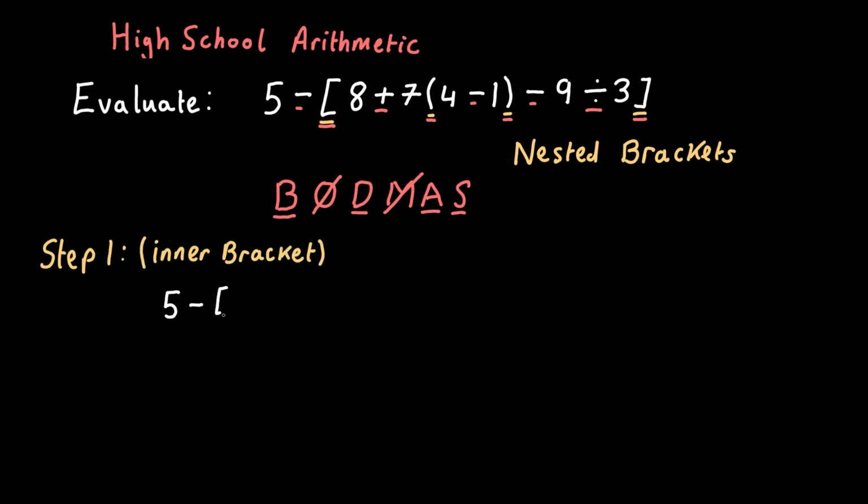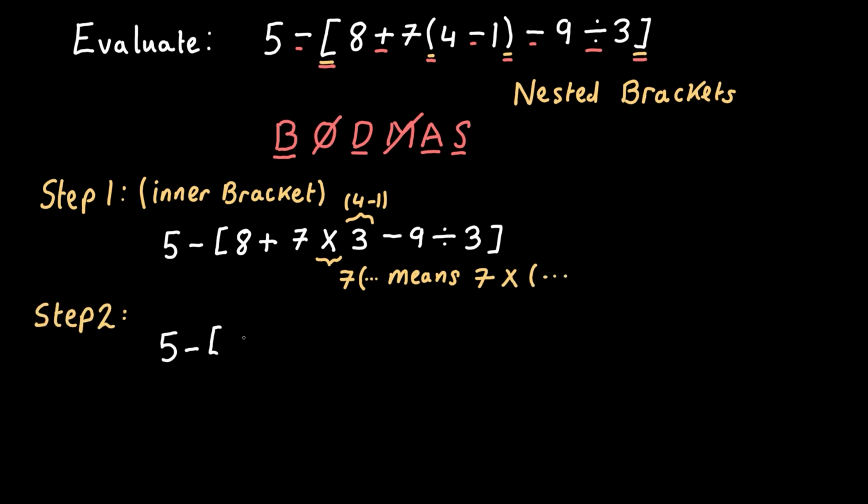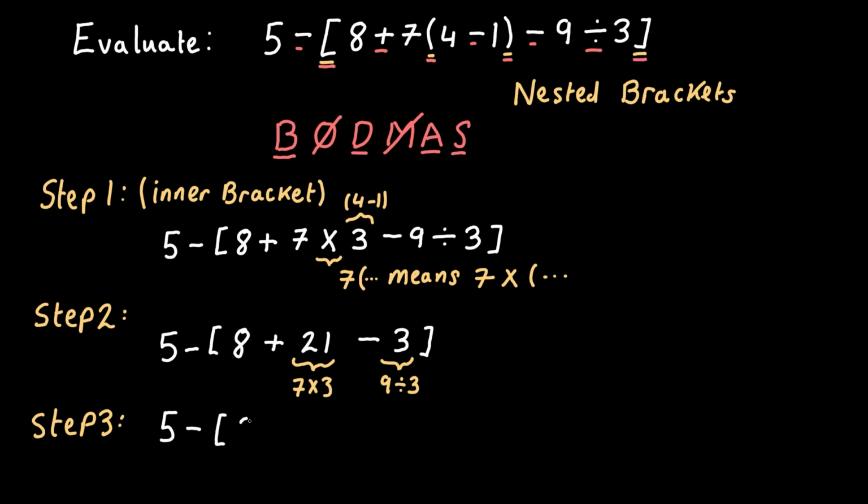This leaves us with 5 minus open bracket 8 plus 7 times 3 minus 9 divided by 3 close bracket. In step 2, we can work on the multiplication and the division in the outermost bracket. This leaves us with step 3 with just this subtraction, and step 4, the answer is minus 21.